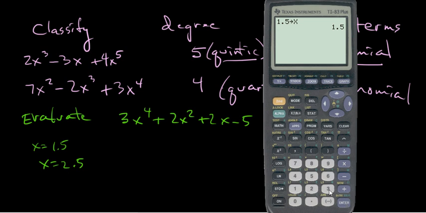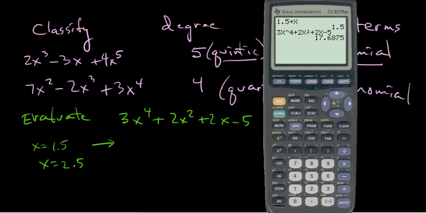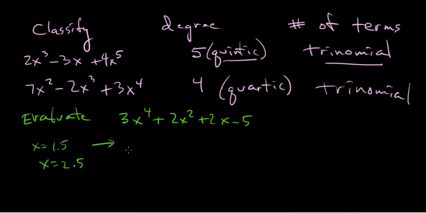So now you say 3x to the fourth plus 2x squared plus 2x minus 5. And watch what happens. There is your value. Okay? And let me get that back. 17.6875.